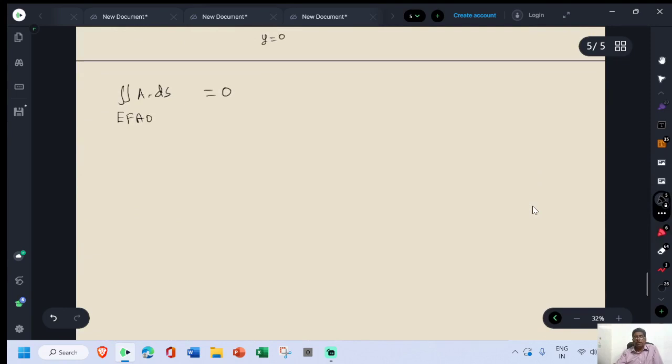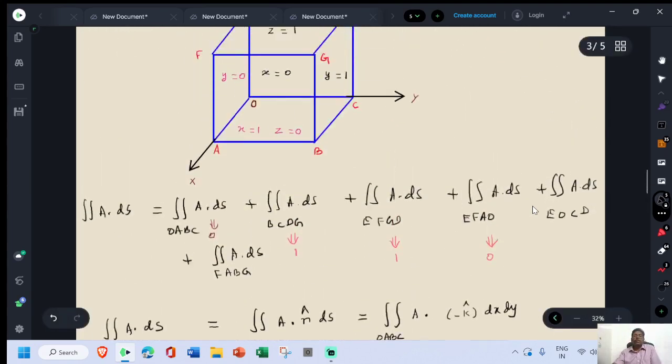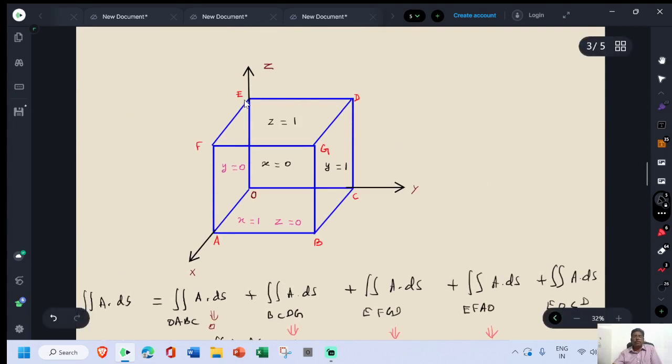Next is EOCD. The next integral is the double integral of A dot dS over EOCD, which is equal to A dot n cap dS. Go to the face EOCD.